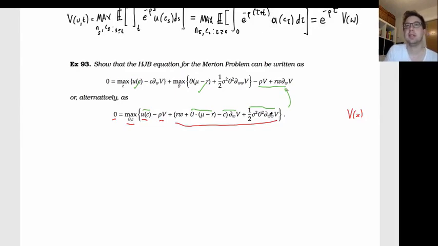So what remains is to check what I get from Ito's formula when I apply it to this. Let's do that.